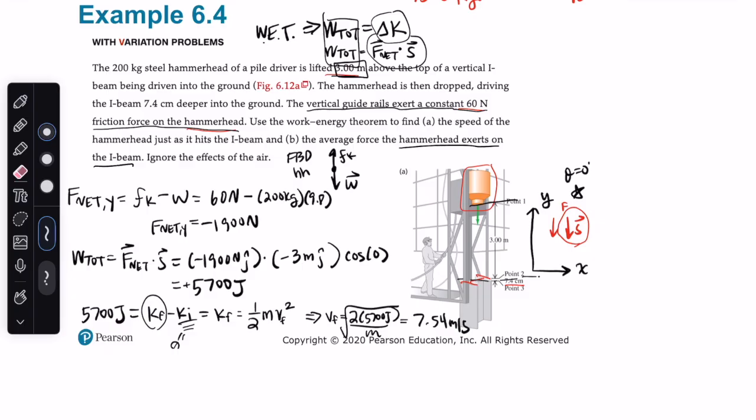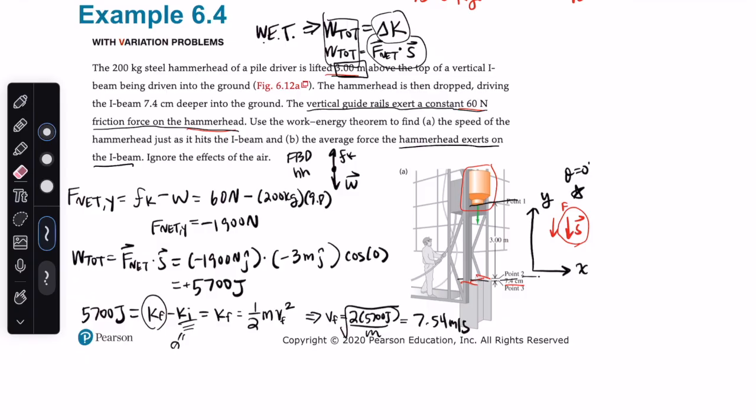So let's tackle part B of this example. We are looking for the average force that the hammerhead exerts on the I-beam using the work energy theorem. That's cluing us in to take a look at either the hammerhead or the I-beam when they're in contact.